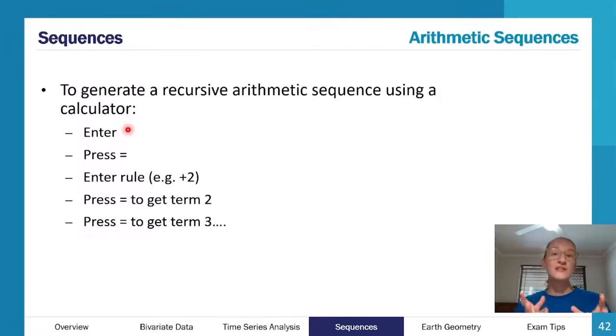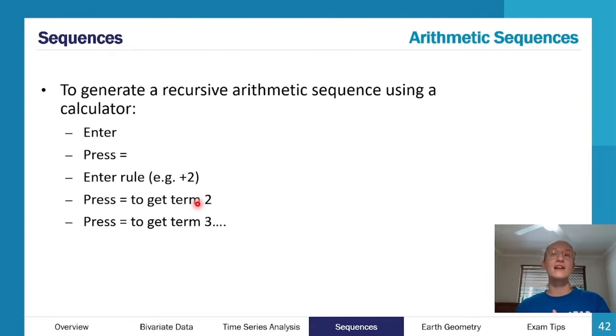That's your T1, term 1, a starting point, whatever you want to call it. And then you press equals, and then you enter your rule, which because it's an arithmetic sequence, will be plus something or minus something. For example, it could be plus 2. And then you press equals, and that'll give you your second term.